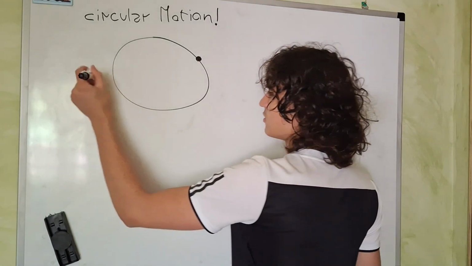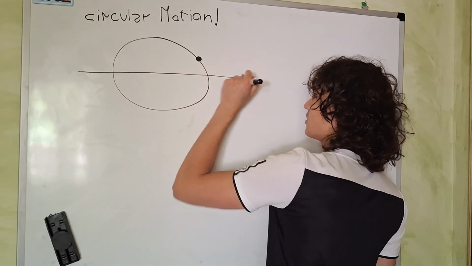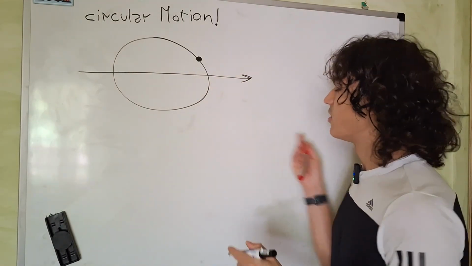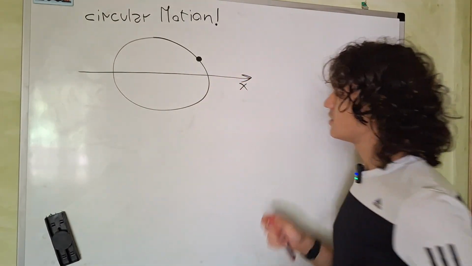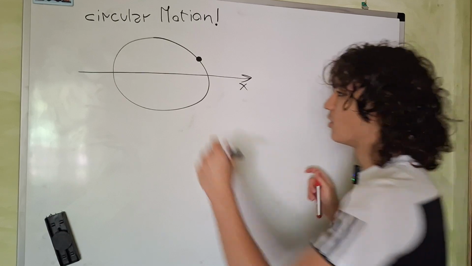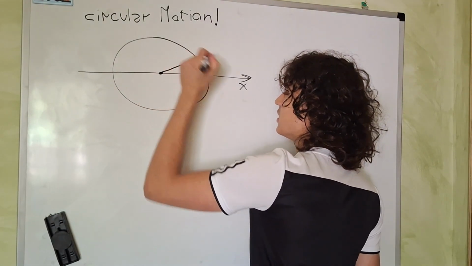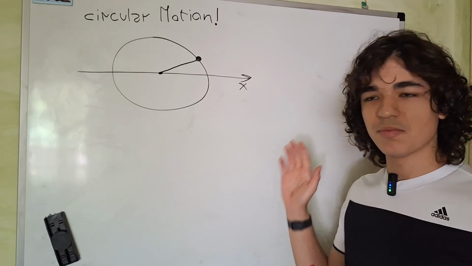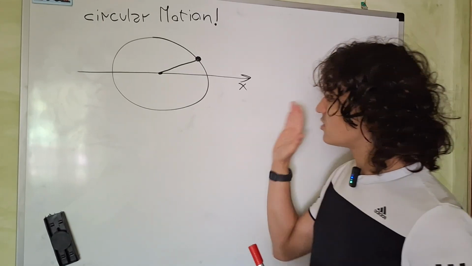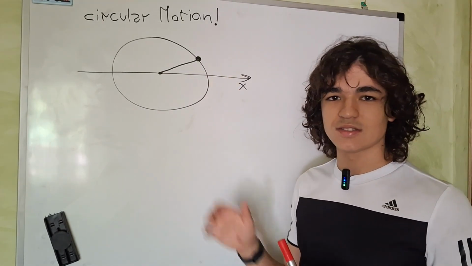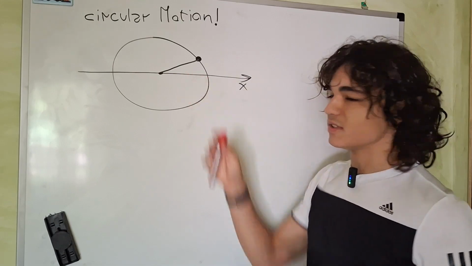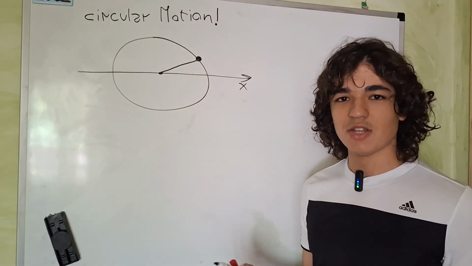So I'm going to show you what I'm talking about. We put our x-axis here, and we want to draw the radius starting from the center because it's always better to pick the easiest position for the coordinate system to describe what is going on, so the equations are simpler.